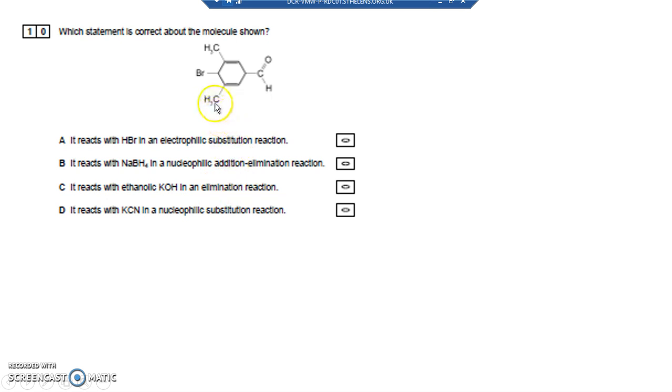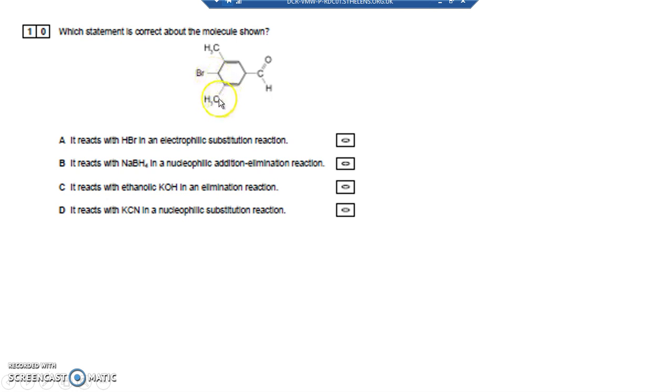It would have to have something to release. So say for example in an elimination reaction it's with something like a haloalkane where it might attack an H, and then the H would move the electrons into a bond and release maybe the Br. I suppose it's possible, KOH in an elimination reaction, the OH takes an H off there and the electrons go into here.